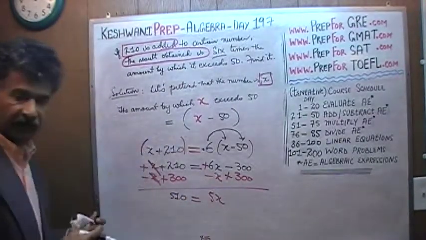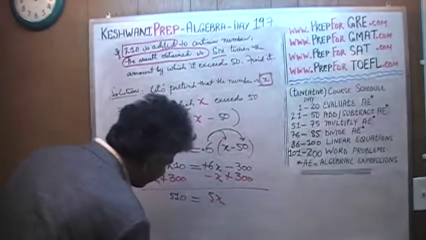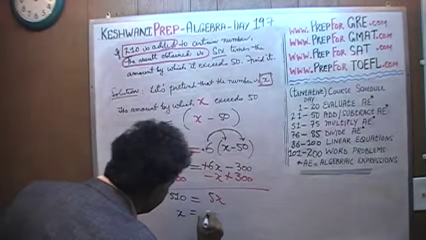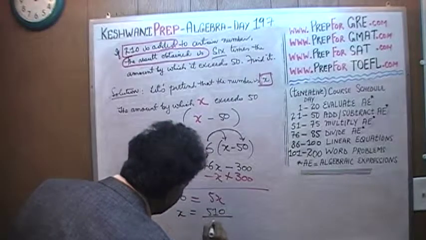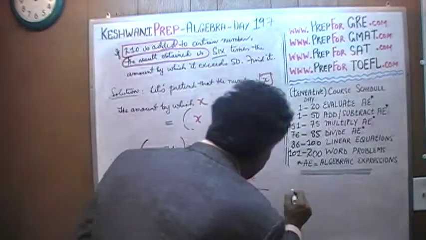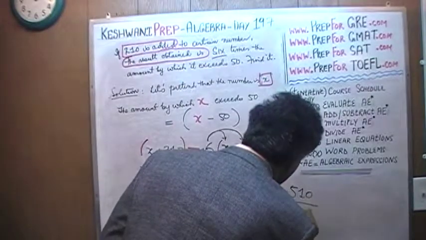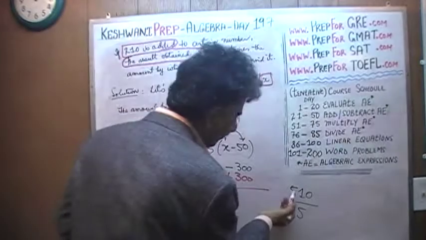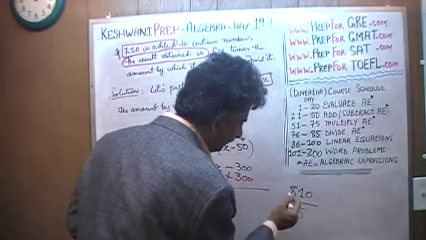Now let's divide both sides by 5. If you were to divide both sides by 5, then x equals 510 over 5. How many fives in a 5? There's 1.